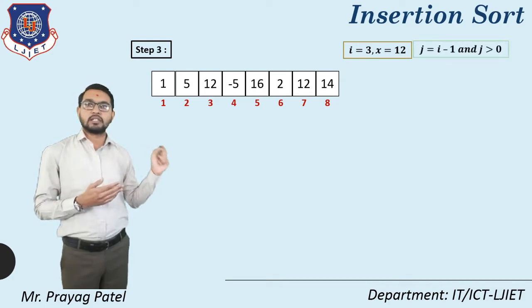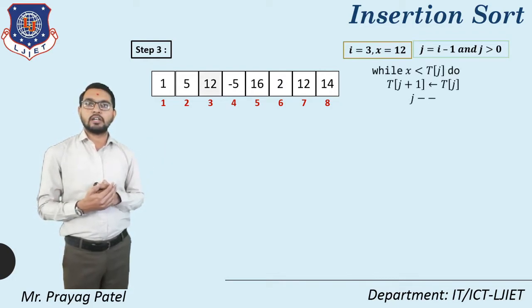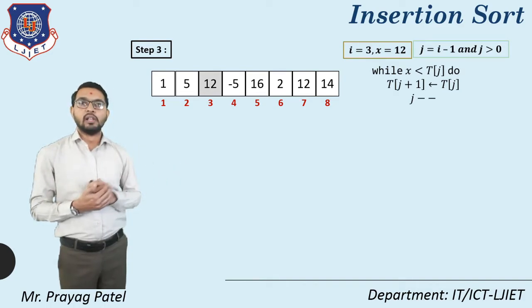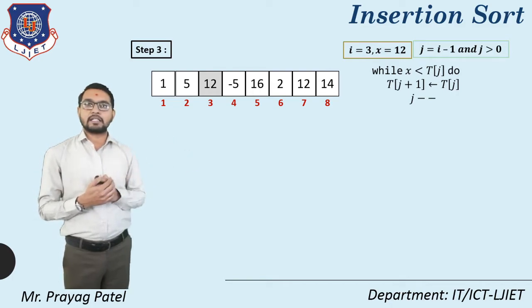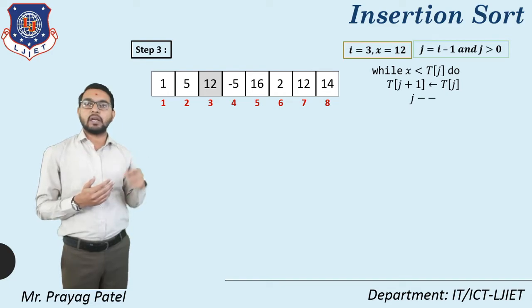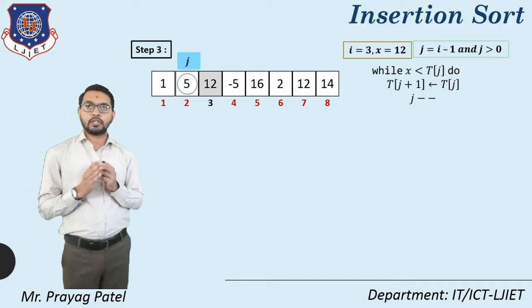Now consider the condition j equal to i minus 1 and j greater than 0. So j equal to location 2, because your value of i equal to 3. So j equal to 2. The condition is the same as before: x less than t of j, then t of j plus 1 equal to t of j and j minus minus. So here consider j equal to 2, location 2.